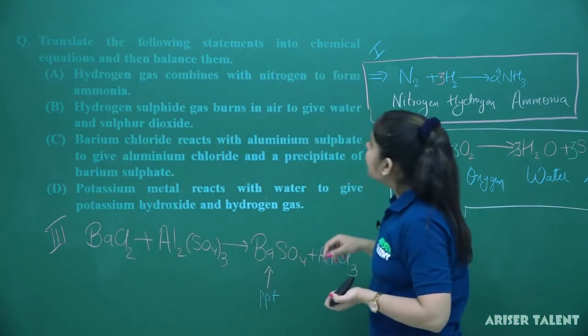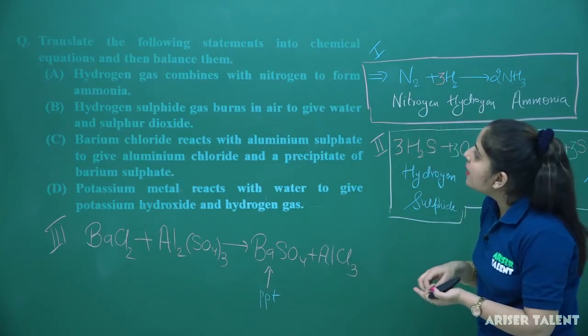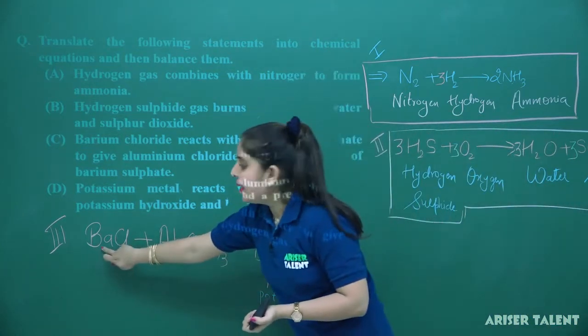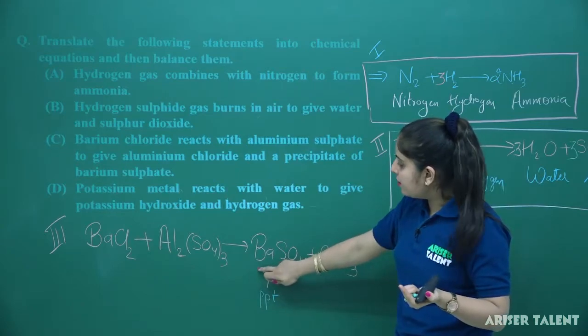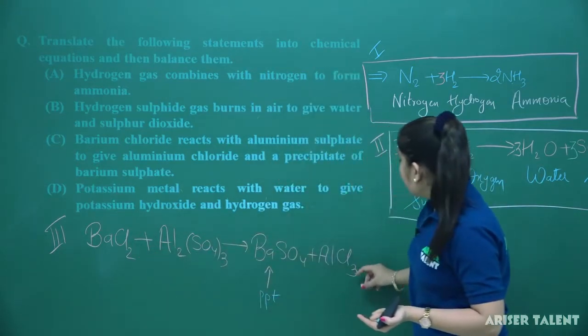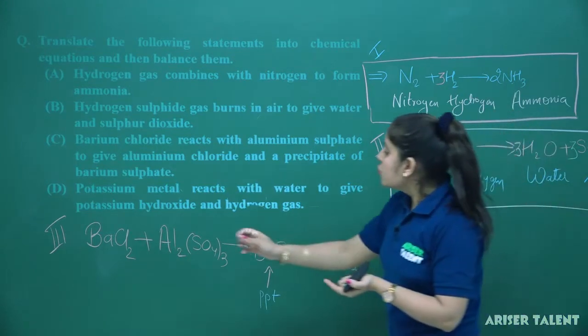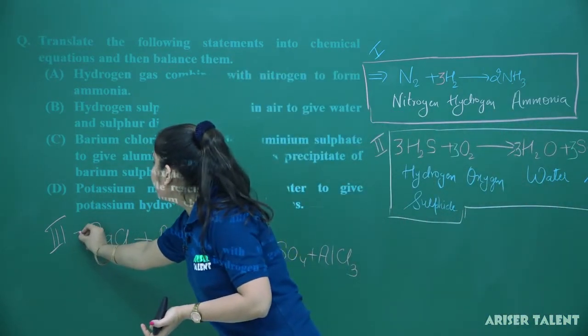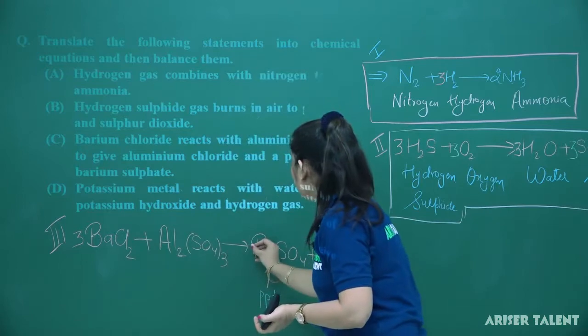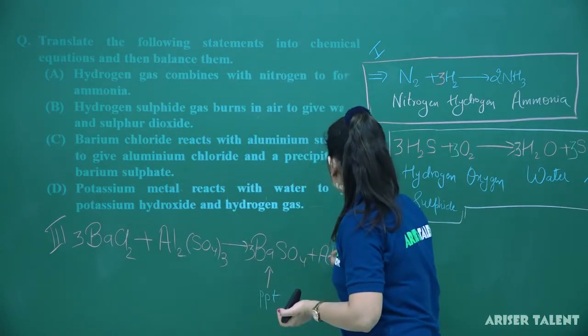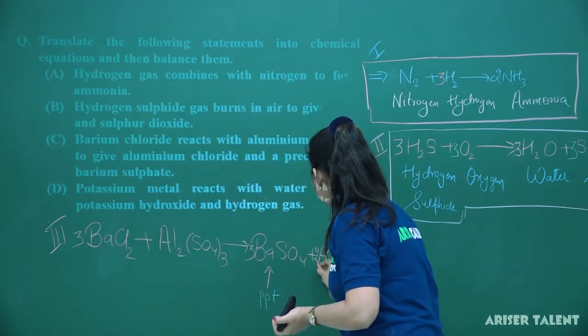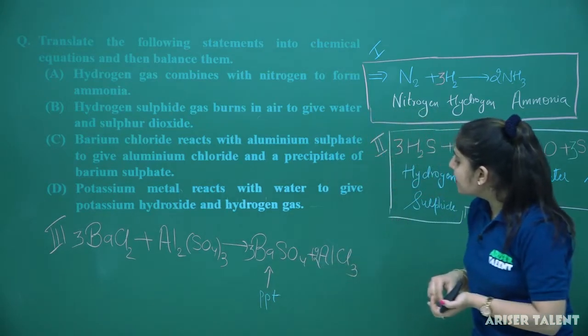Now balancing the above chemical equation, what we have seen here, barium 1, again barium is 1, chlorine here is 2, chlorine here is 3. So I can't make 2 a 3 and 3 a 2. So I have to write 3 over here, 3 here and 2 here for balancing this equation.